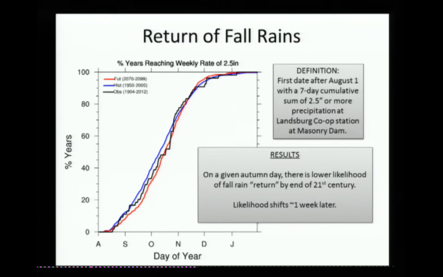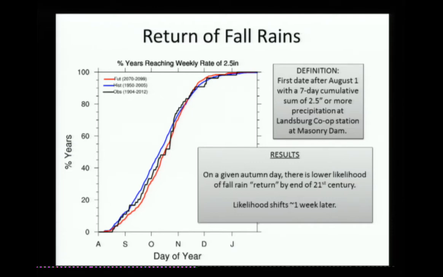So doing this for the station observations, which is in black, and for the downscaled historic in blue, and the downscaled future in red, I've plotted the percent of years that reach that threshold on a given day.